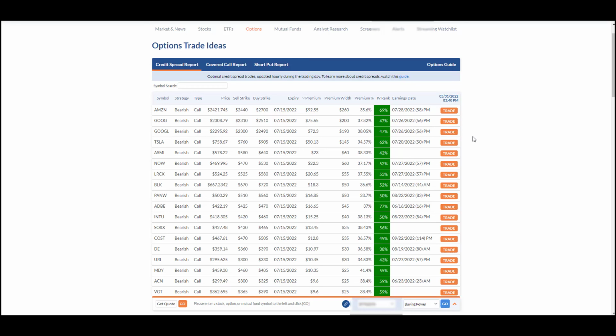So that's using scanning tools, and there's loads out there, but be wary and careful of them. Do your own due diligence around the signals or scans that they're offering you.